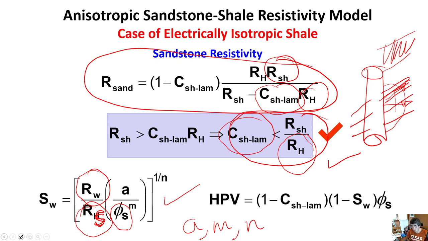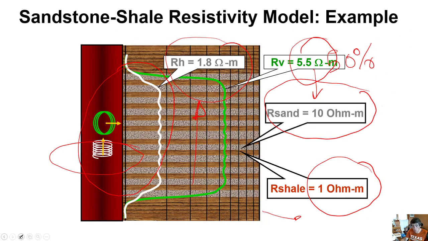To summarize what we did: in this equation, the tool is measuring the horizontal resistivity, and that horizontal resistivity is much lower than the sandstone resistivity. So if I plug in 1.8, I'm going to end up with a lot of water.